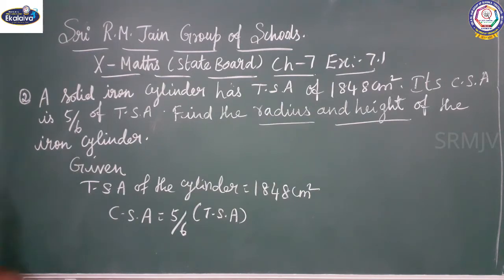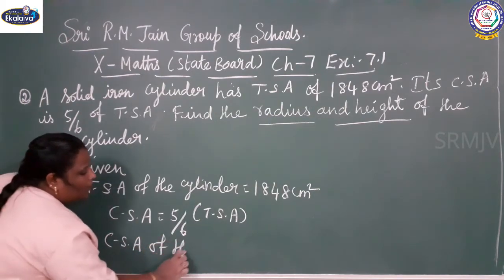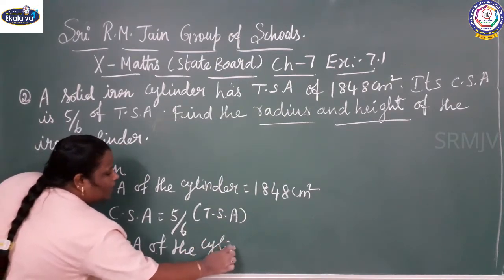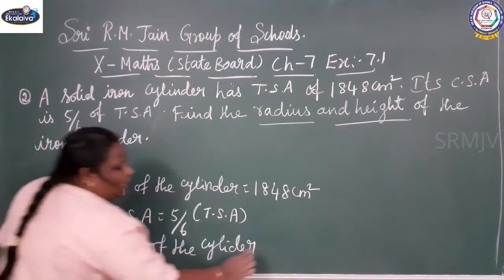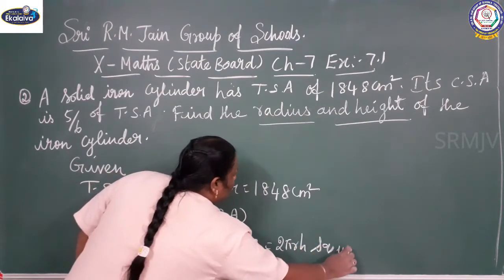See here, 2 pi RH. What is the curved surface area of the cylinder formula? Curved surface area of the cylinder equal to 2 pi RH square units.